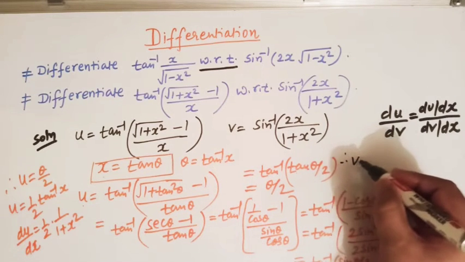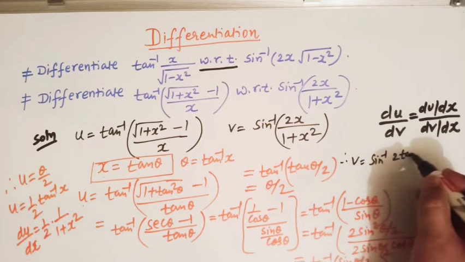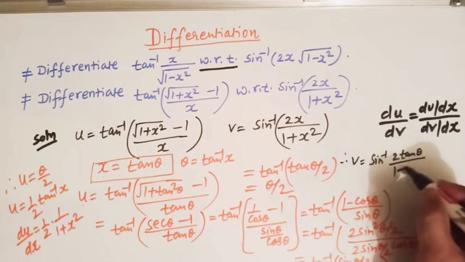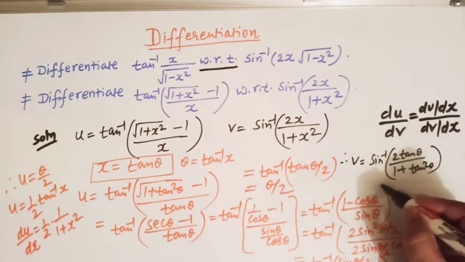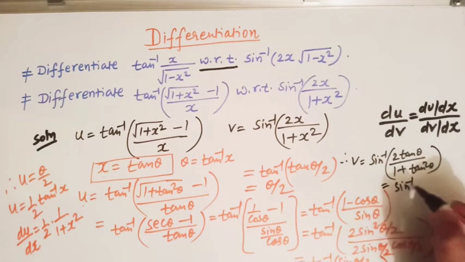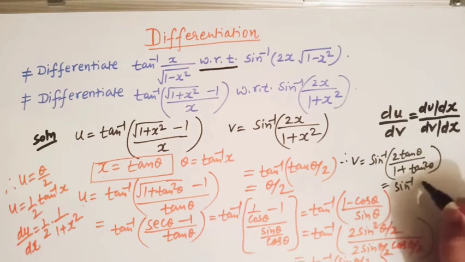So therefore v becomes sine inverse of 2 tan theta divided by 1 plus tan square theta, and we know that 2 tan theta over 1 plus tan square theta is sine 2 theta, right?